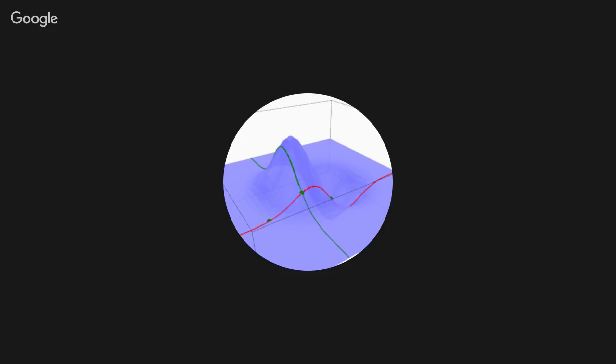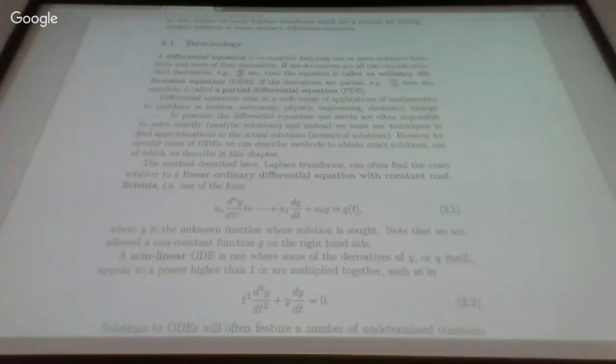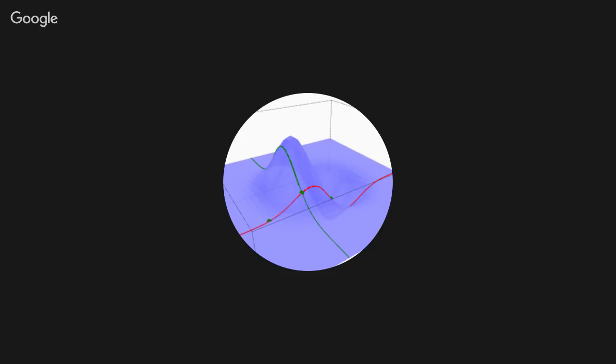A linear combination of two functions, y1 and y2. The left-hand side. Constant coefficients means the things multiplying the derivatives are just constants, real constants. So we've got a0, a1, etc., up to an.